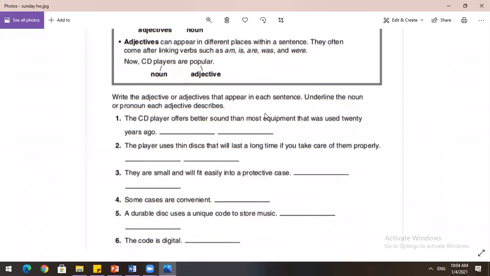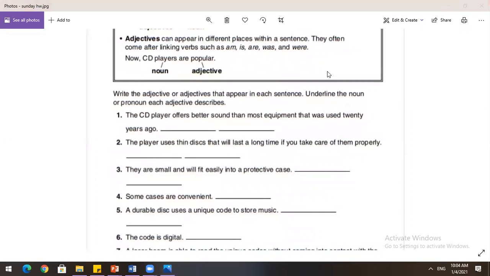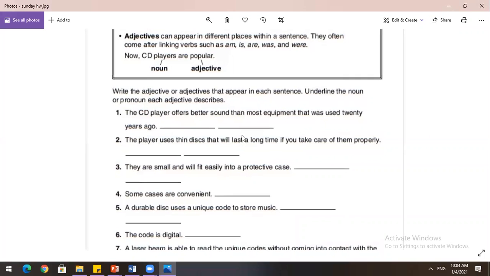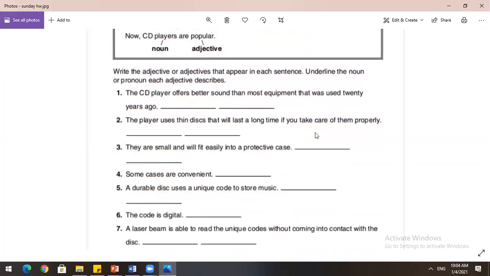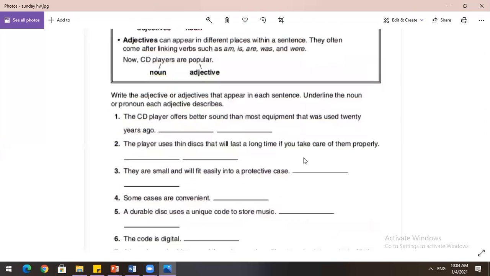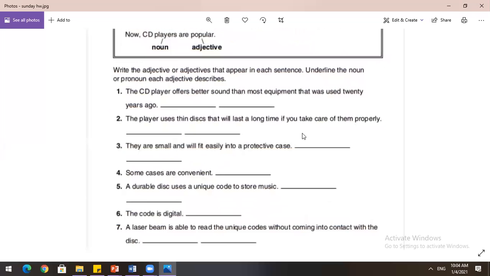To know where the adjectives were. Yes, me also. Miss, can I say something? Is 20 here an adjective or not? Yes, because it says how many.